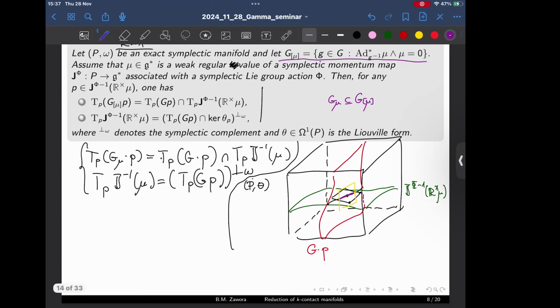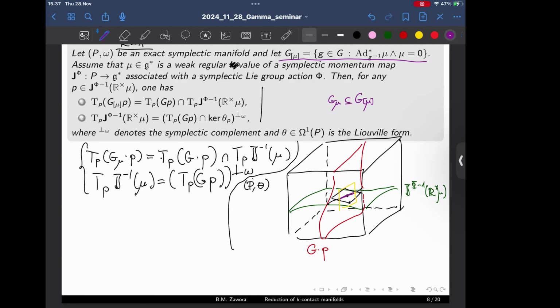Okay, and similarly, we have that J_phi^{-1}(R cross mu) is the symplectic orthogonal of the tangent space to the orbit generated by the whole group, intersected with the kernel of the tautological form theta at p.